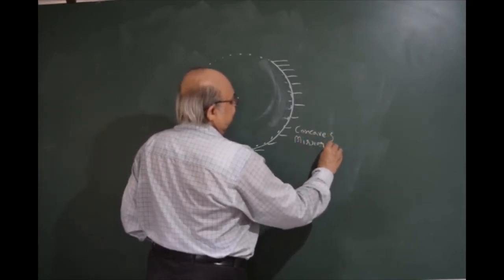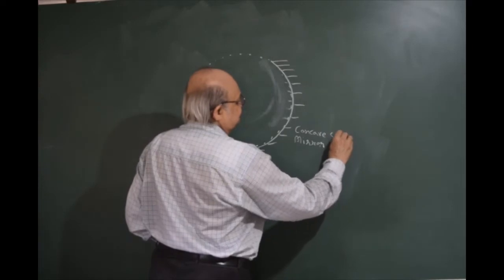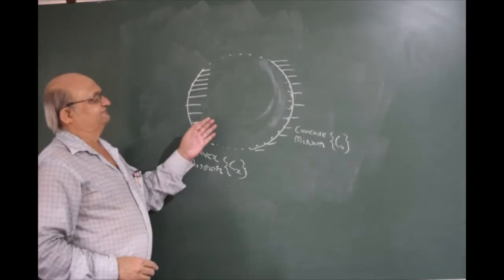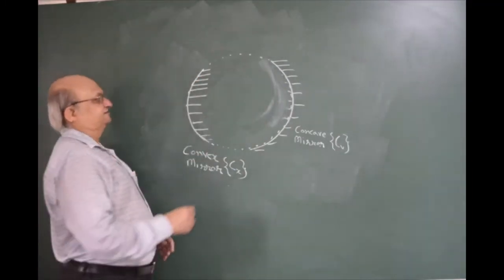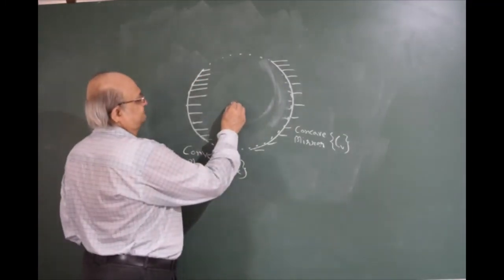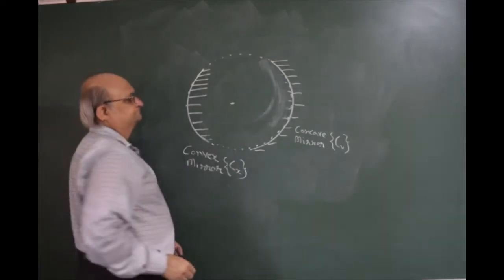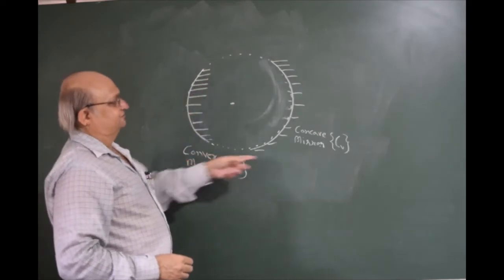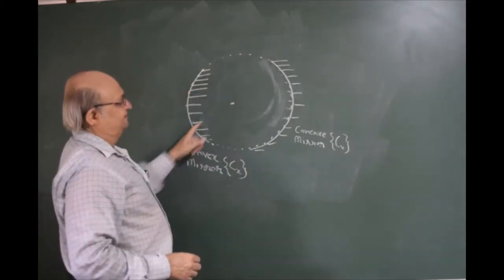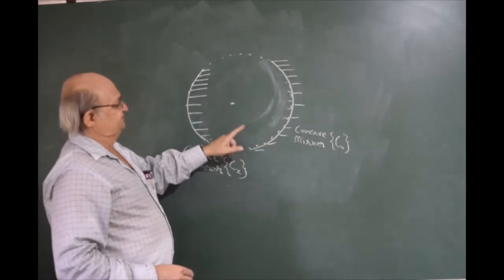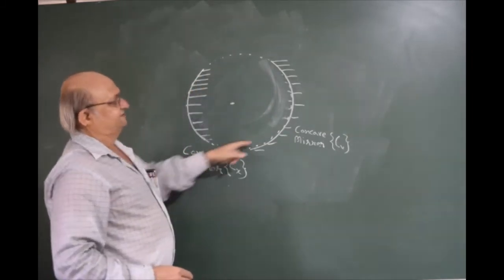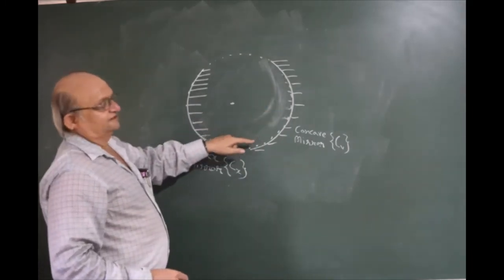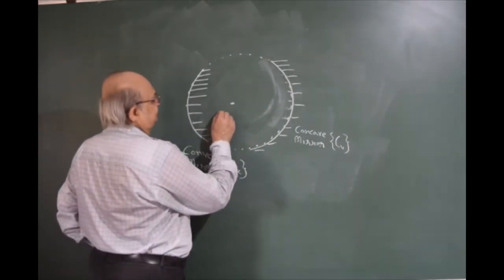Now if we look at the entire sphere, then the center of the sphere will be somewhere here. This center of the sphere of which the mirror is a part is called the center of curvature.